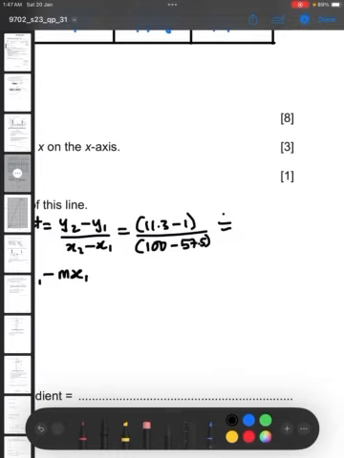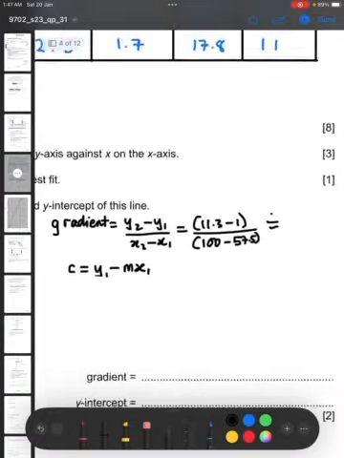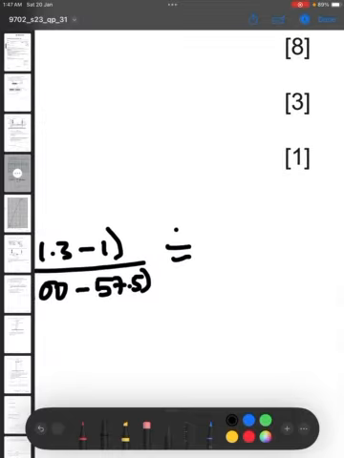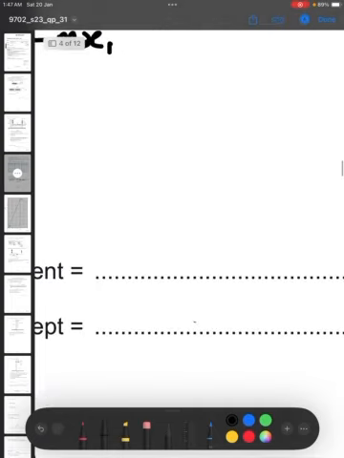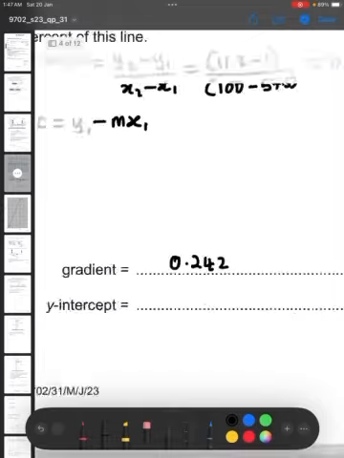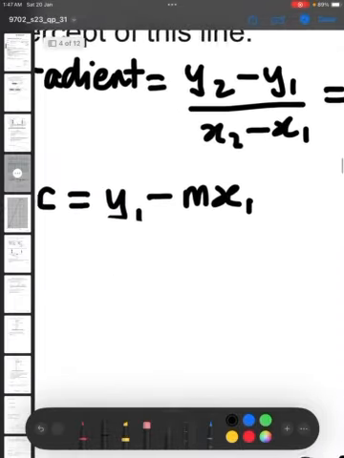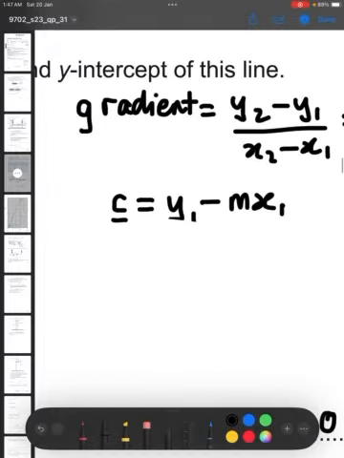This gives us 0.242. If you leave it to 3 significant figures, we can write the gradient in this space, 0.242.